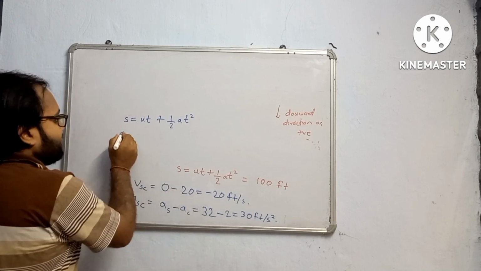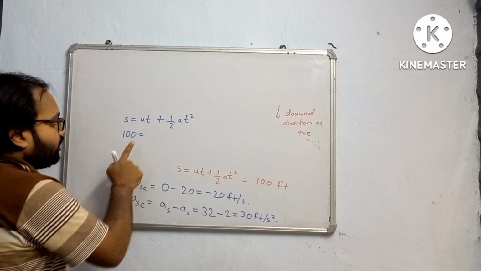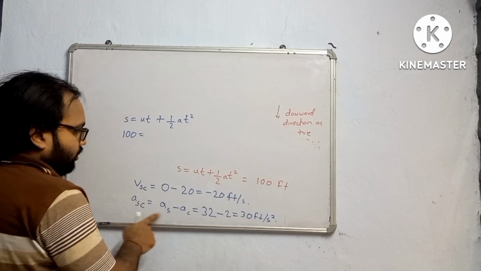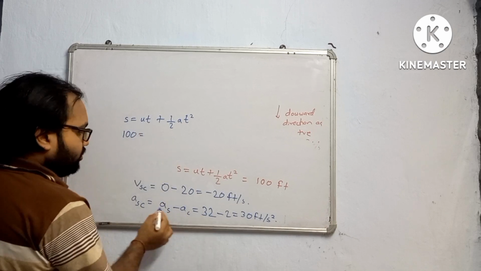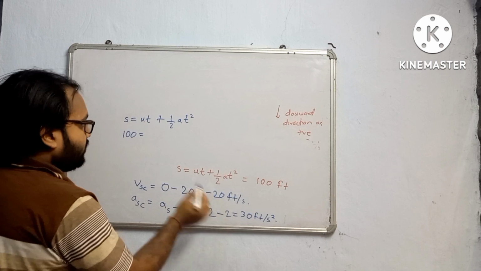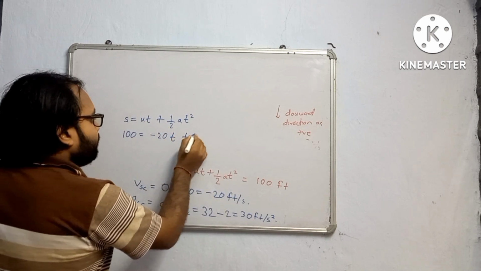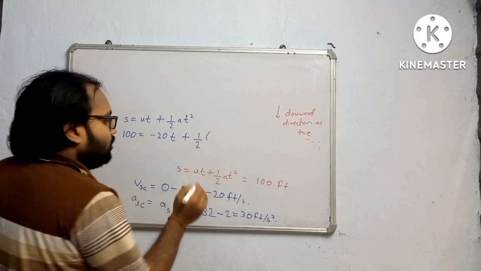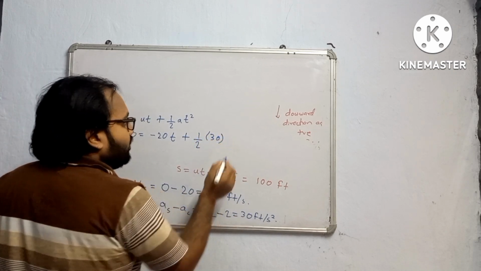So S is 100 feet, the stone has to travel 100 feet. U is, sorry, U is not 0. U is initial velocity. Velocity of stone with respect to cage, that is minus 20t plus half into relative acceleration 30 a t square.